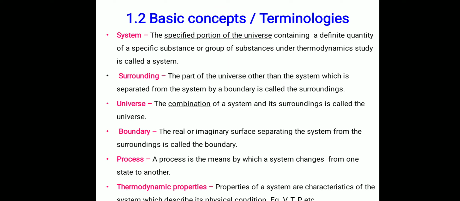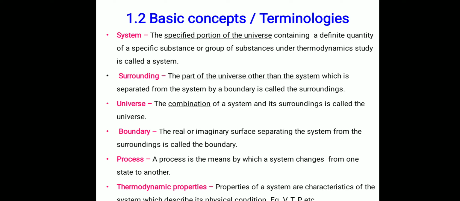Now there are different terminologies involved in thermodynamics. One is system, the second is surrounding, then universe and boundary. These are the basic terminologies in thermodynamics. The specified portion of the universe containing a quantity of a substance or a group of substances is called a system. The remaining portion of the universe other than the system is called the surrounding.